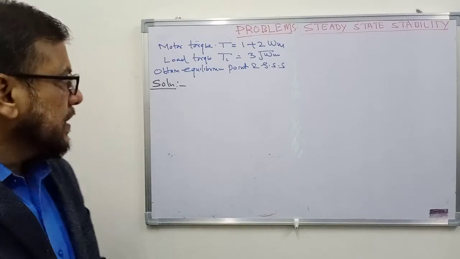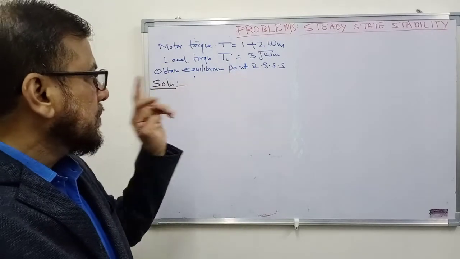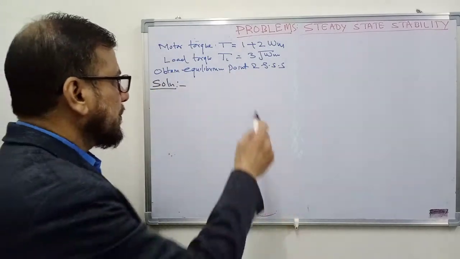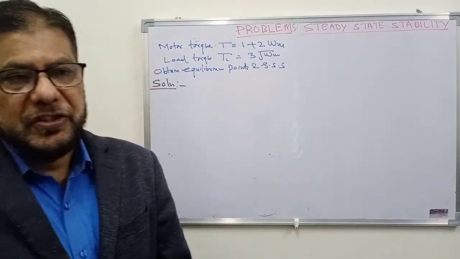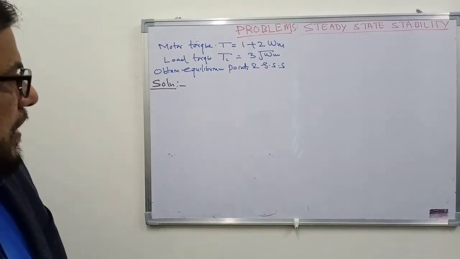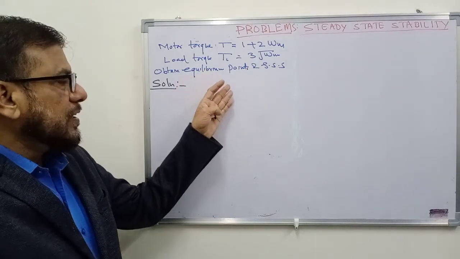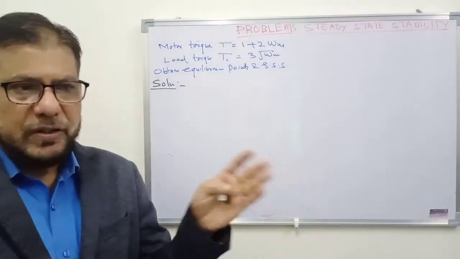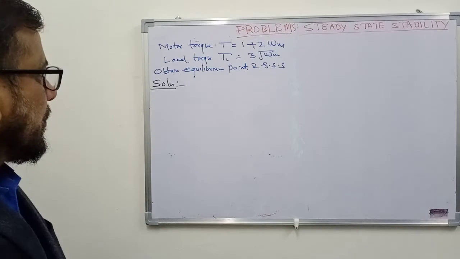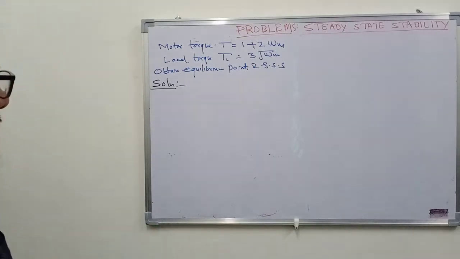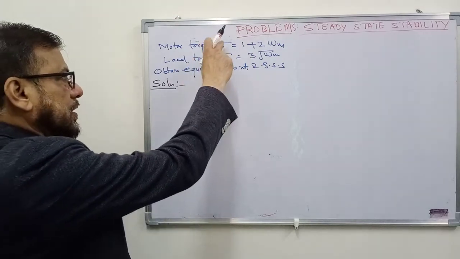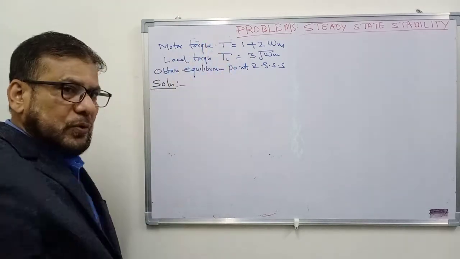You have to obtain the equilibrium point or points, and determine the steady state stability, whether the points are stable points or unstable points. As you know, for equilibrium points, the motor torque becomes equal to load torque.